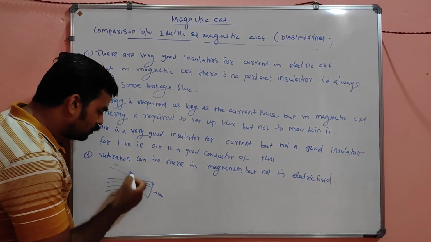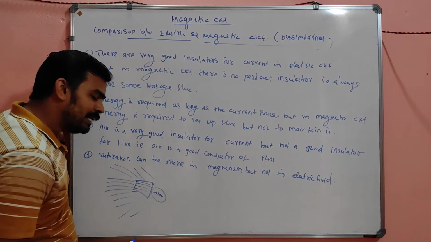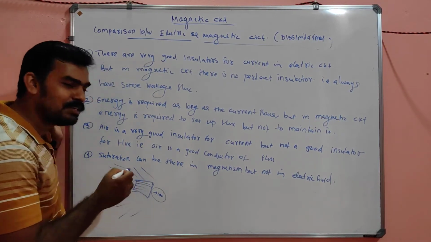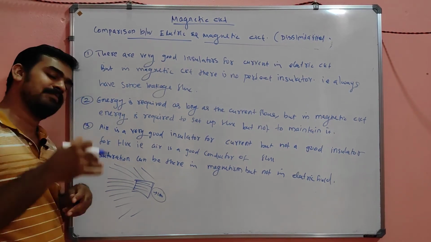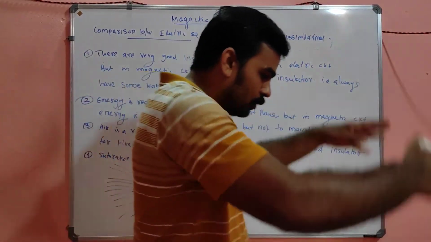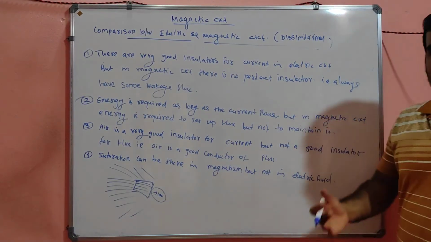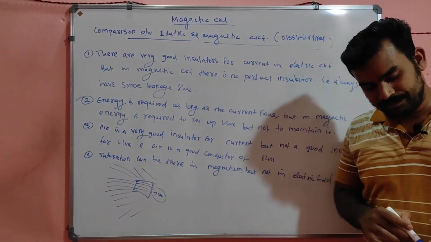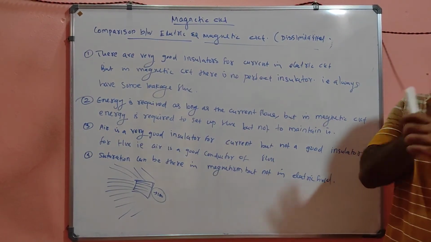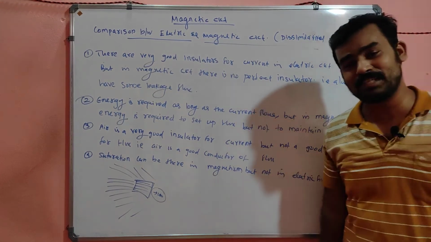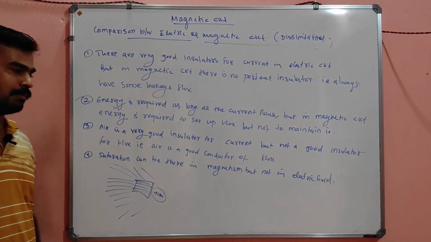Even if you pass thousands of lines of force through it, it only carries 100. It will not carry more than 100. That means there is a saturation point, a capacity of the magnetic material to conduct flux. That is called the saturation process in magnetism.